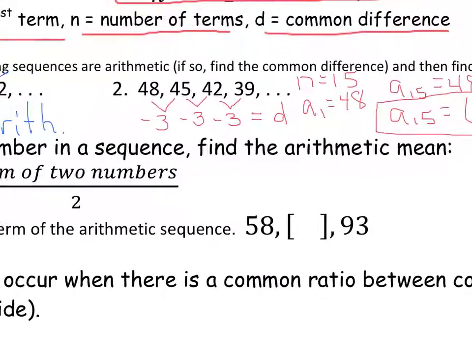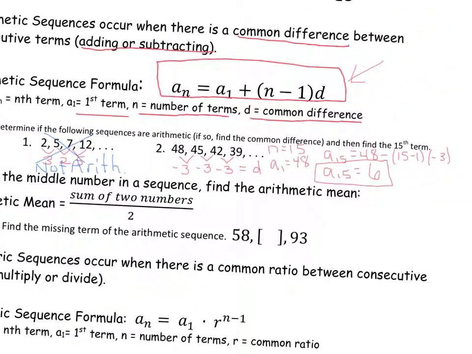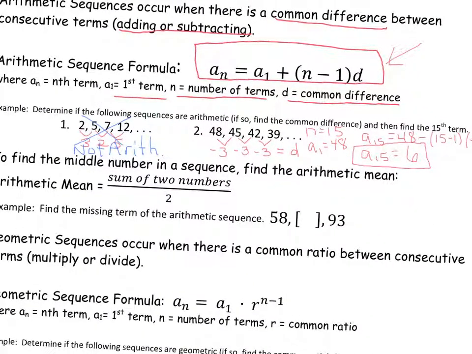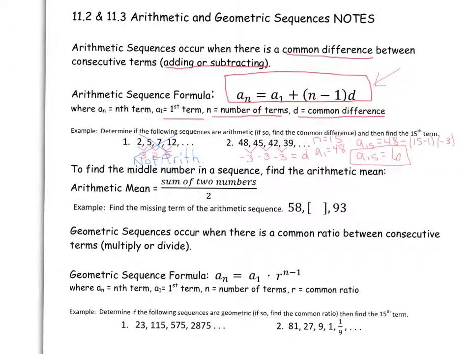All right, the next part of what we're going to do is look at the middle number in an arithmetic sequence. Say you have a question like this next example, which says find the missing term in this arithmetic sequence. The way you do that is you're just finding the average term.